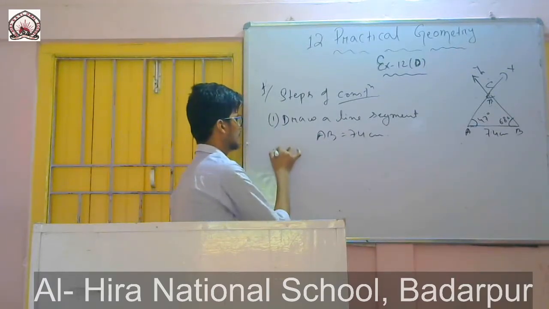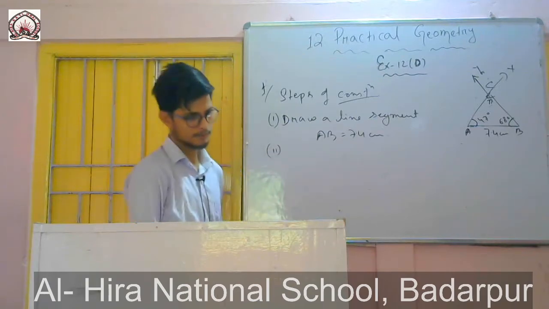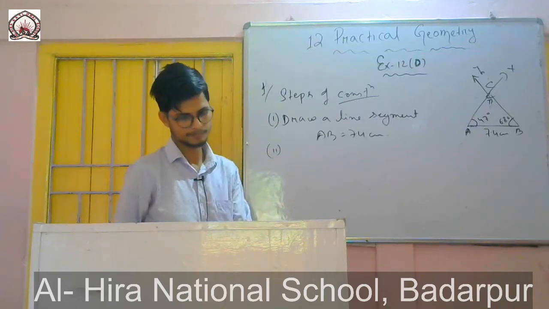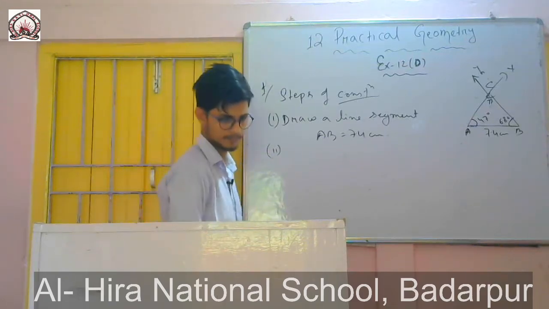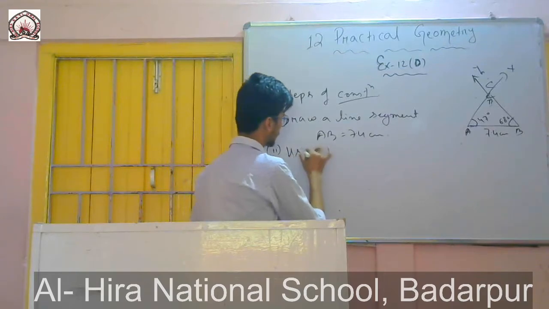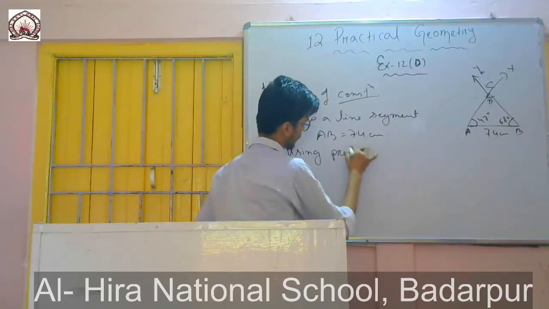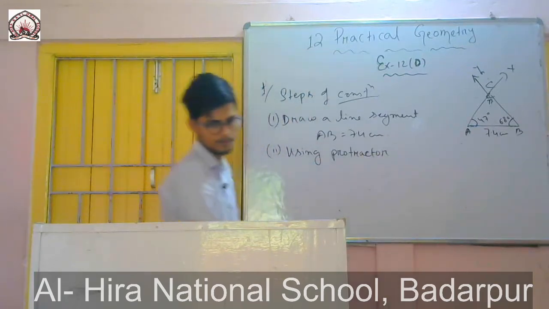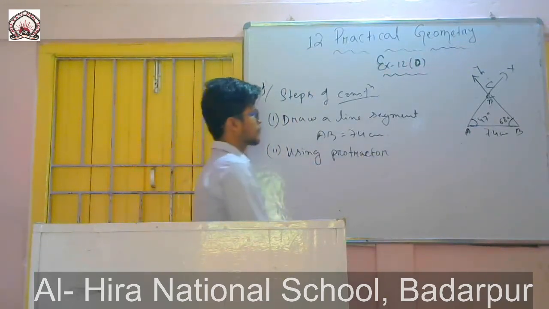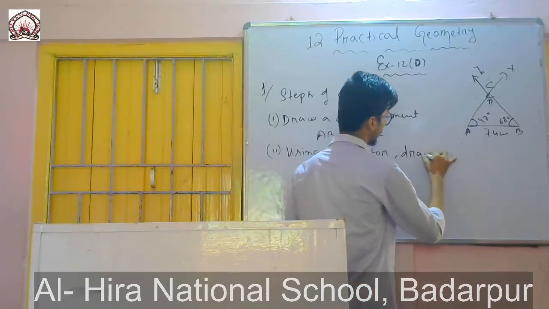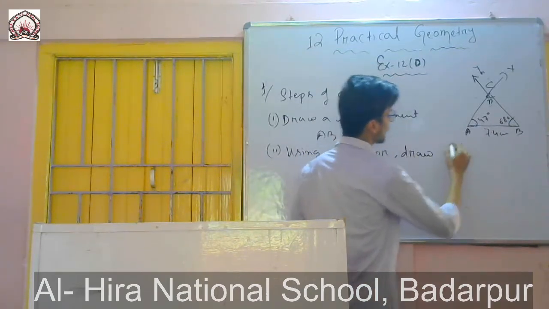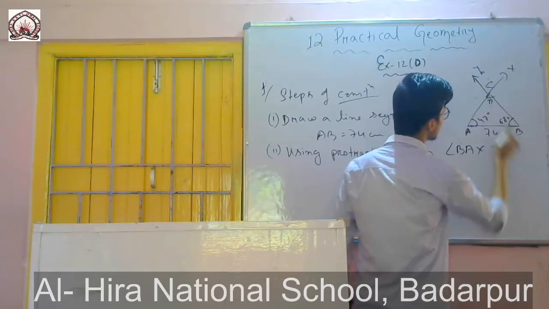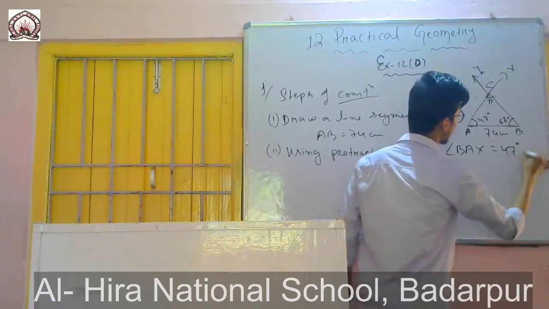Now step number 2, what we have done: we have drawn angle BAX and angle BAY using protractor. First of all we drew angle BAX equals 47 degree.